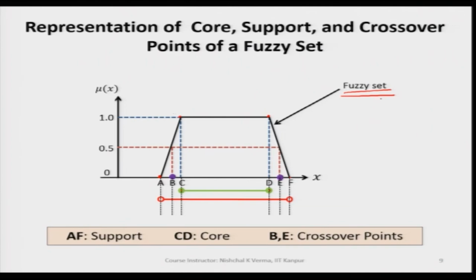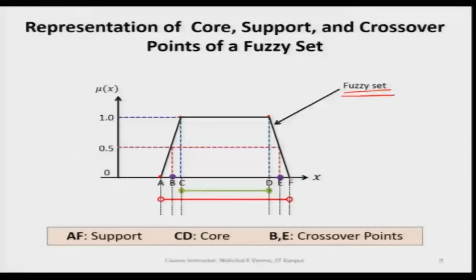And if we are interested in finding the support of a fuzzy set, as per definition, it gives us the collection of all the generic variable values for which their respective membership values are more than 0.